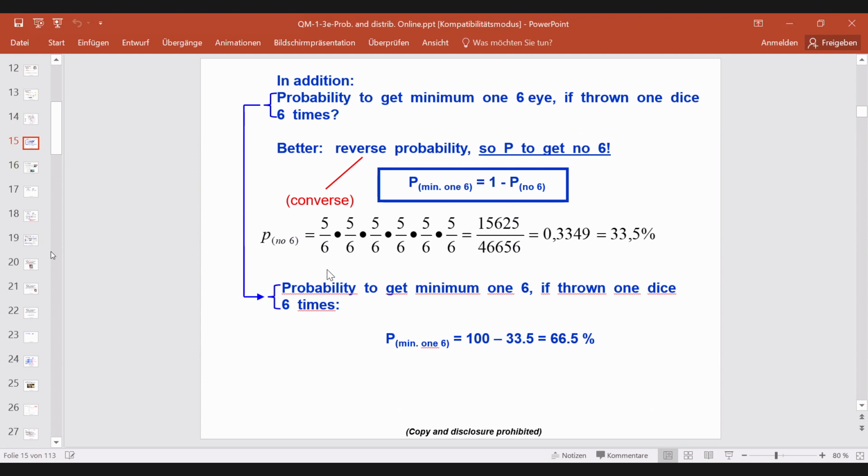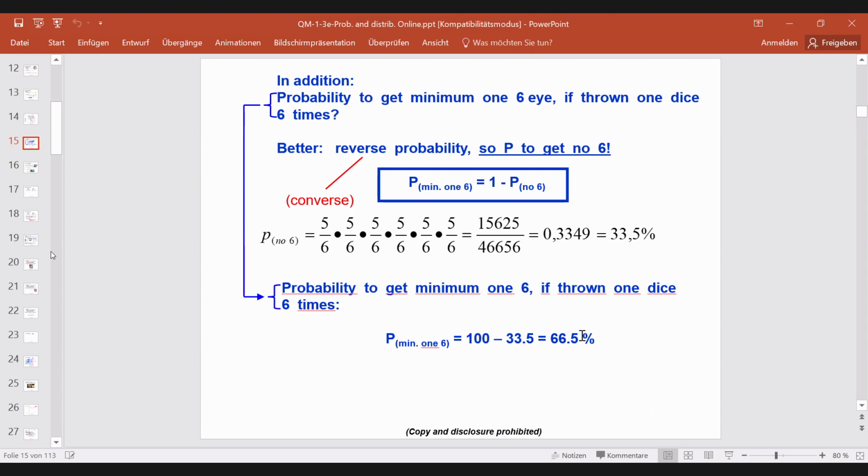The probability to get no six, if you throw the die six times, is shown here. It's 33.5%. So the probability to get minimum one six is the inverse probability or the converse probability, which is 66.5%.